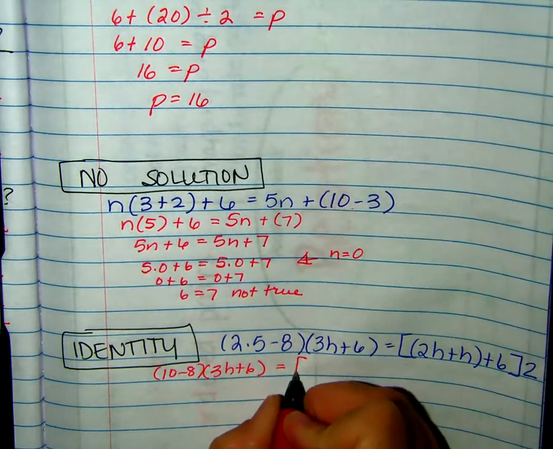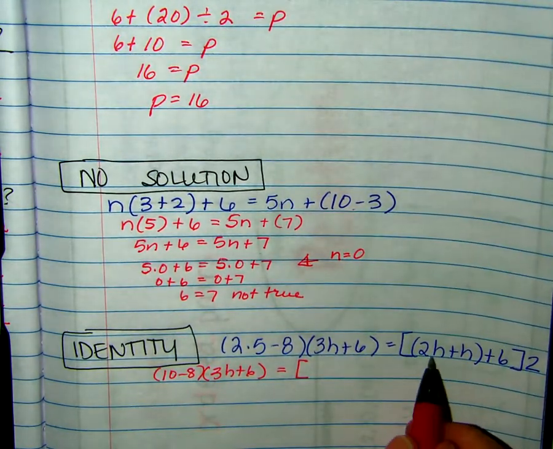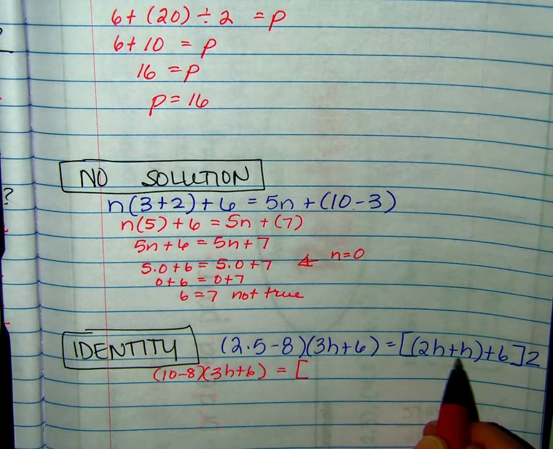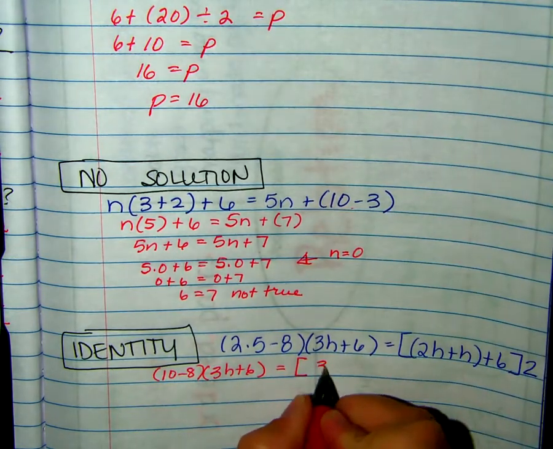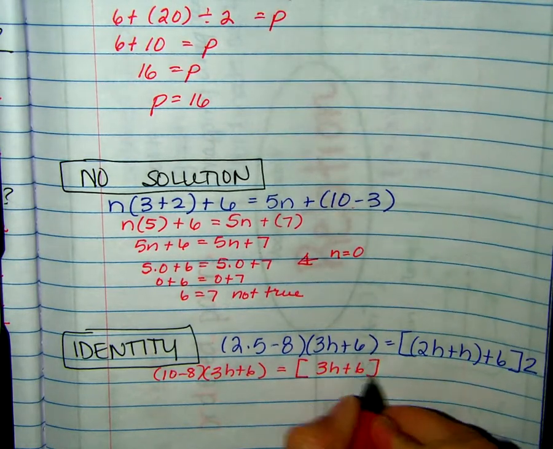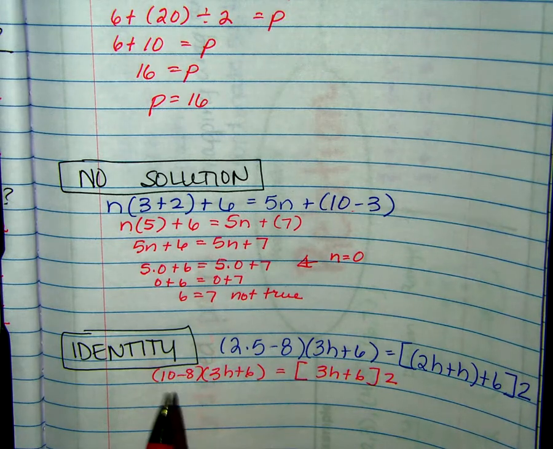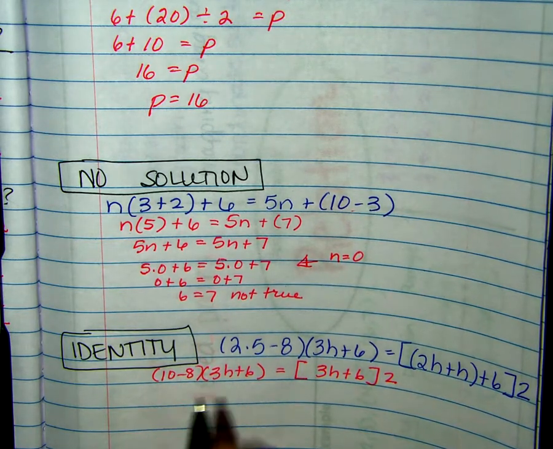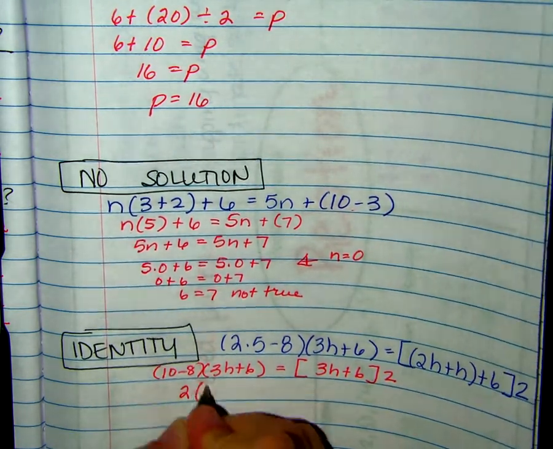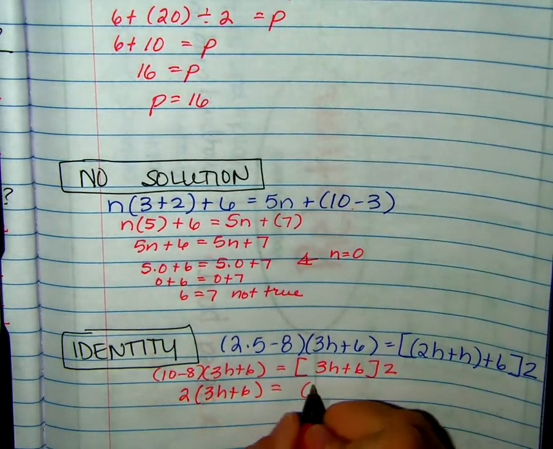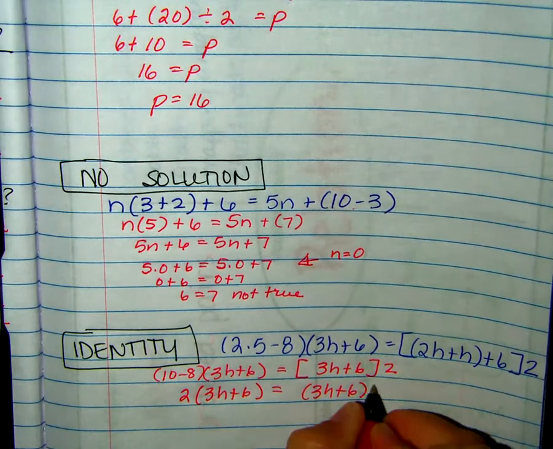Over here, working from the inside out, I can combine these two like terms. 2h plus 1h is 3h plus 6, and I have a 2 on the outside here. Over here, I have 10 minus 8, which is 2, times 3h plus 6, equal to 3h plus 6 times 2.